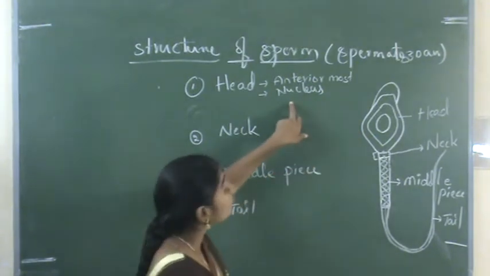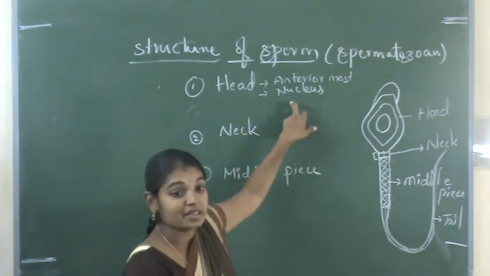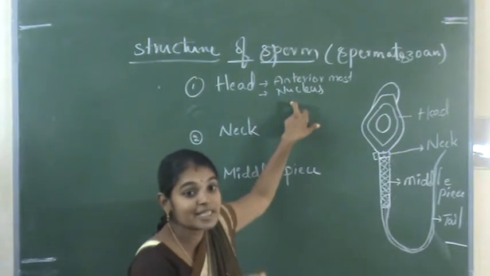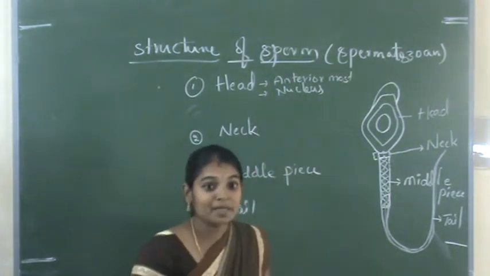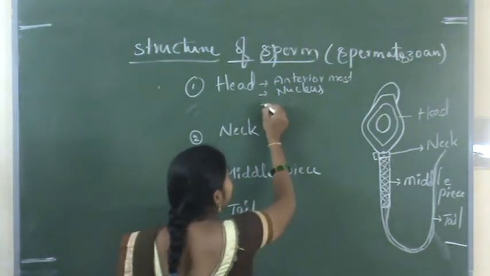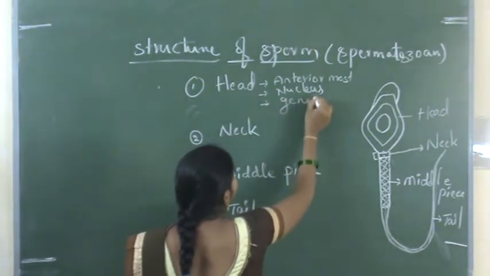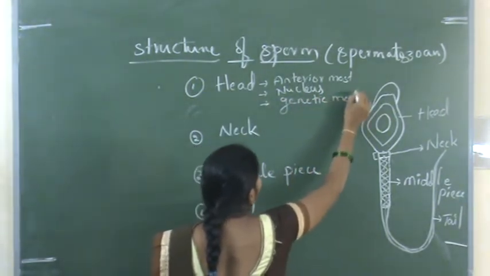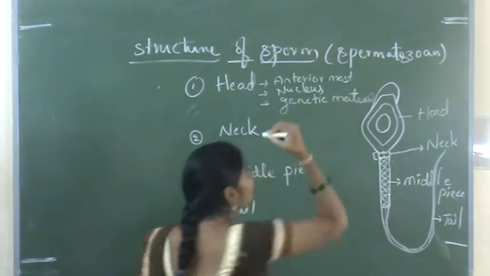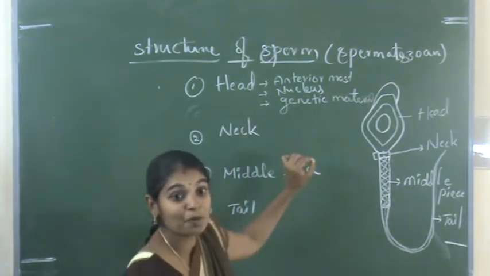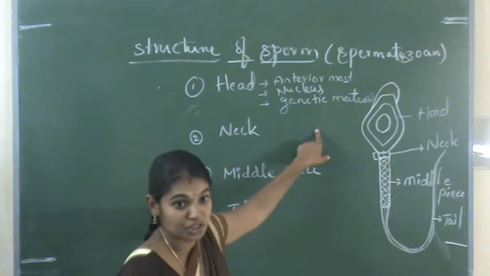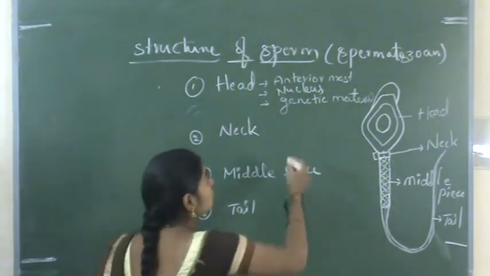The nucleus contains the genetic material with a haploid number of chromosomes, that means a haploid set of chromosomes.